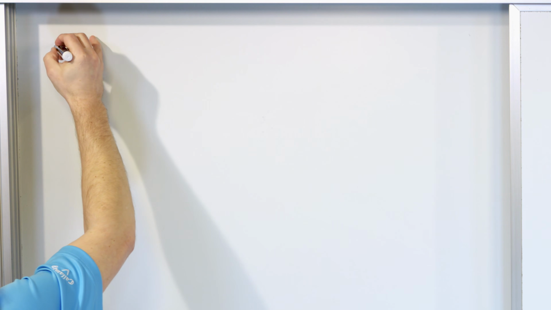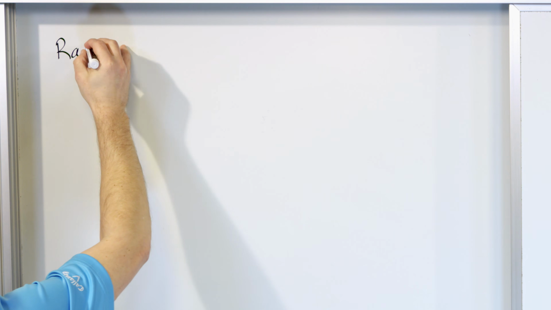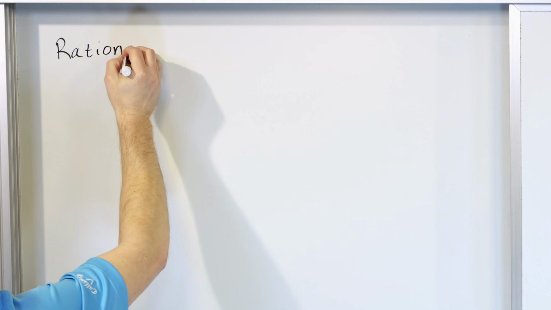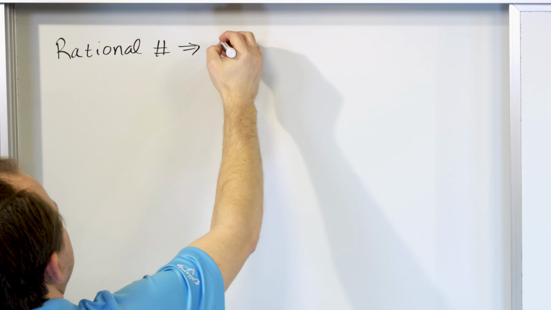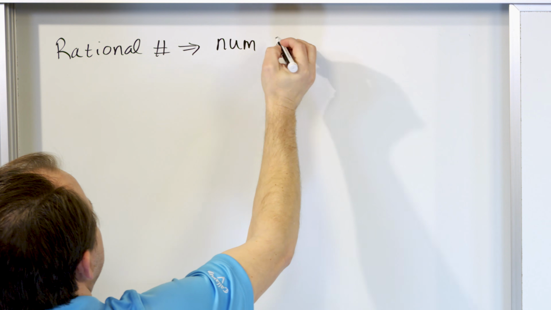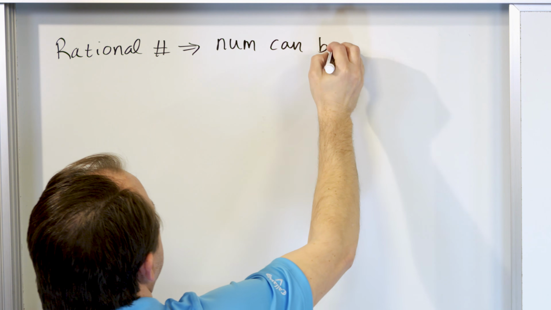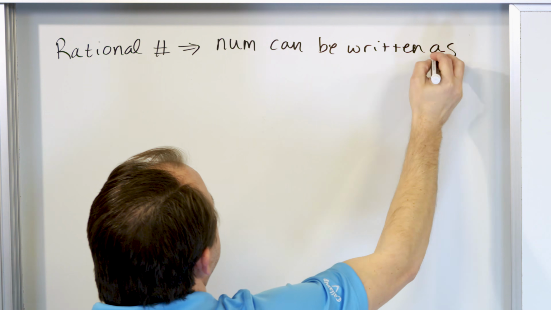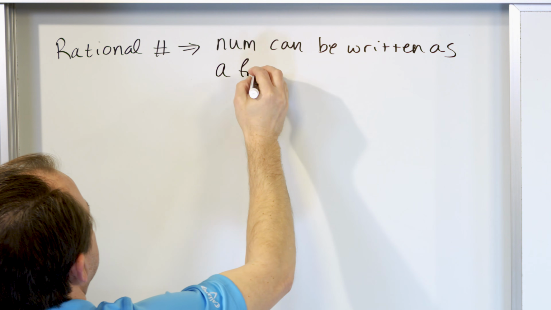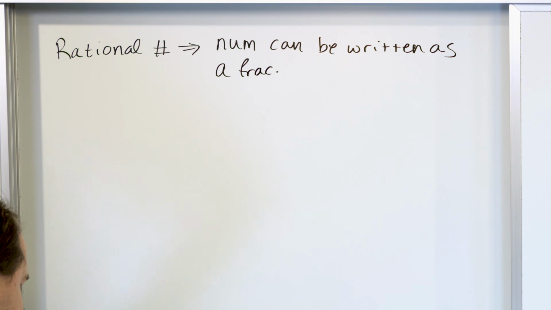So a rational number, if you recall from basic math, is a number that can be written as a fraction. Any number that can be written as a fraction.